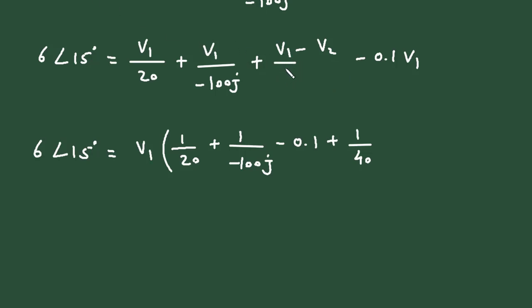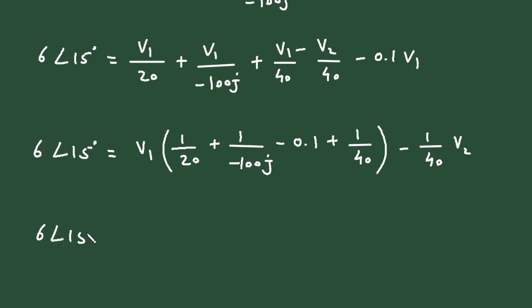This will be V1 by 40 and this will be V2 by 40. So now it will be 1 by 40. Then next this V2, so simply we can write V2 as minus 1 by 40 V2. So now again let's simplify this.